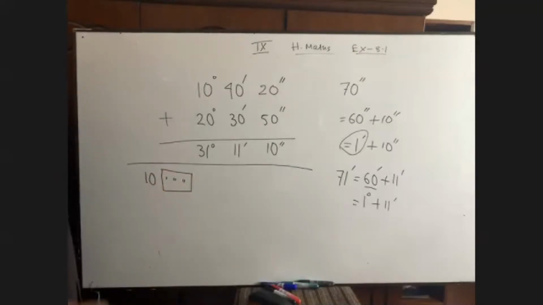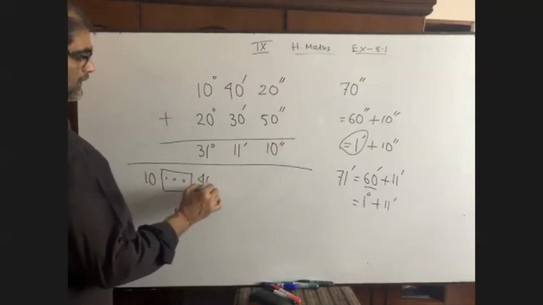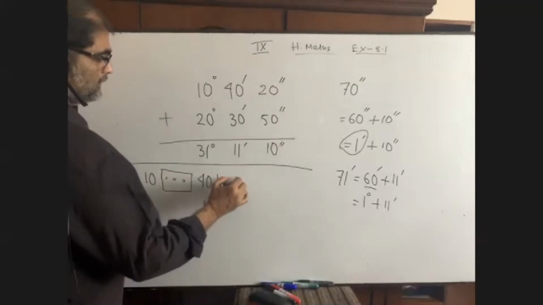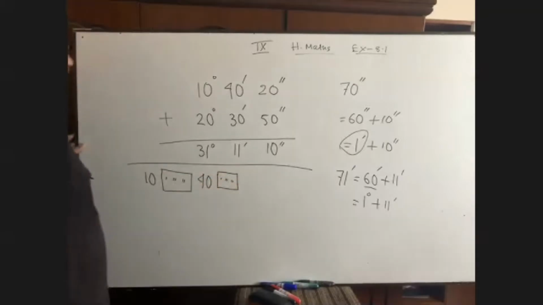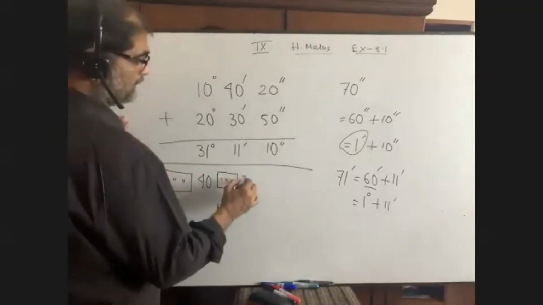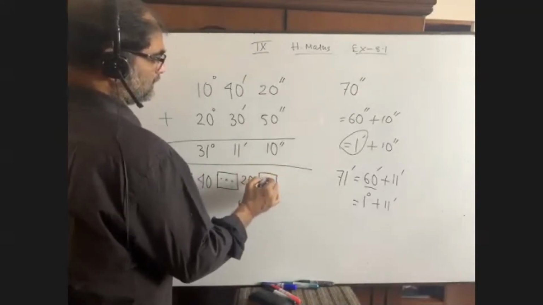You write down 10, then this sign. Then 40, again this sign. Do what I am telling you. Then write down 20 in the calculator, this sign.